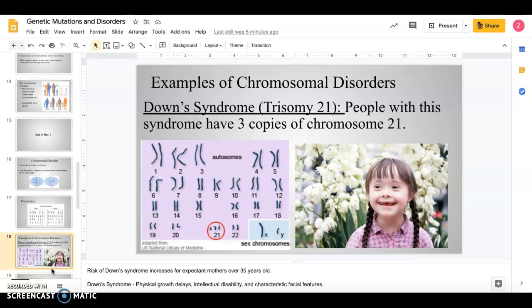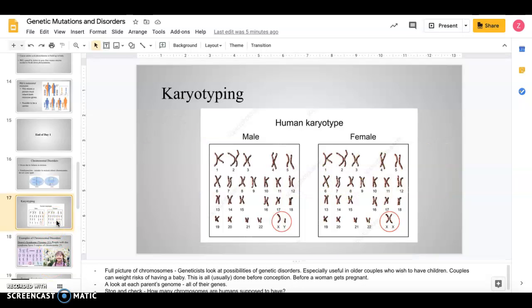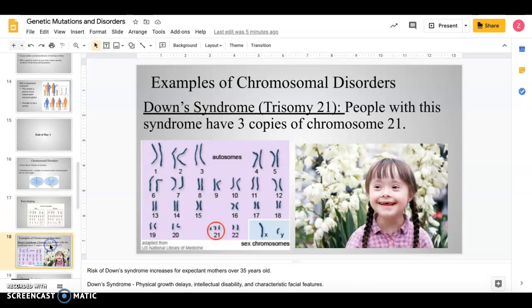Examples of chromosomal disorders. Down syndrome. Humans are supposed to have 46 chromosomes, but that doesn't always happen. In Down syndrome, also known as trisomy 21, people have 3 copies of chromosome 21, so they have 47 chromosomes instead of 46.